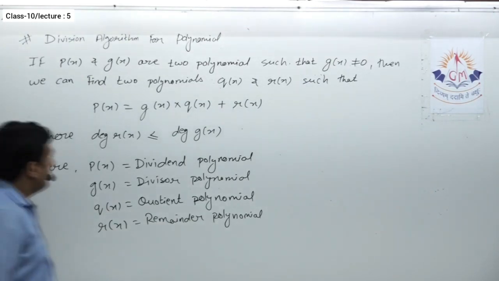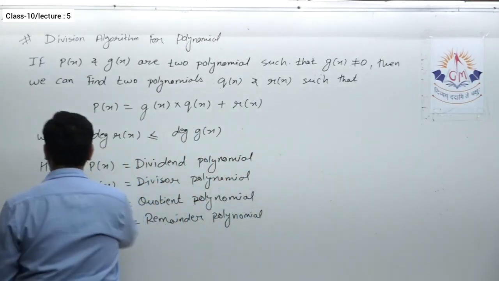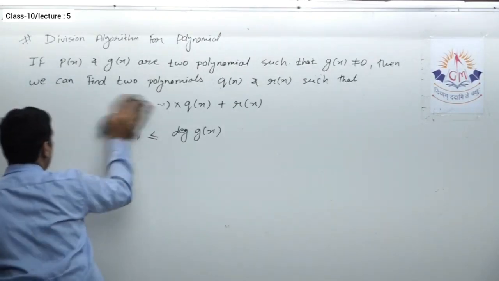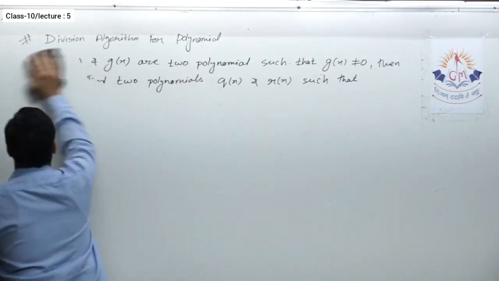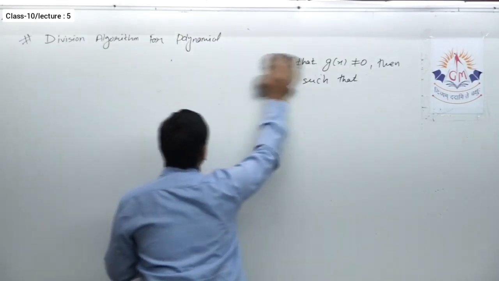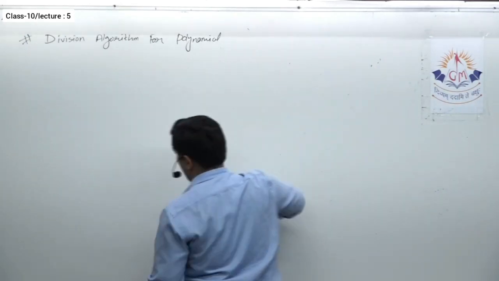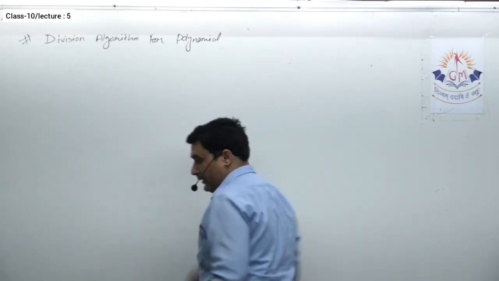Okay, now we will see some questions based on this. We'll see how to divide a polynomial by another polynomial, and which points we have to take care of while performing this division.